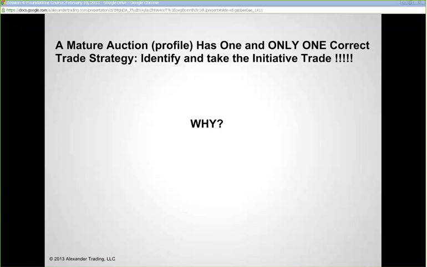Somewhere between 35 and 42, 43% is probably normal, I'm guessing. But if you consistently take initiative trades and get 35% of them, you will be spectacularly successful.